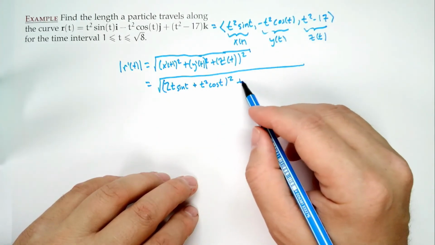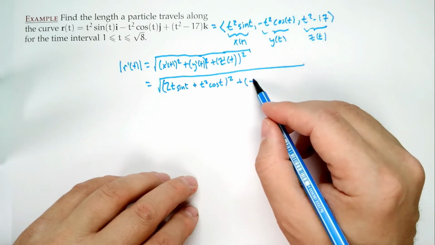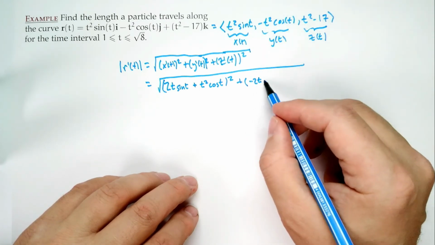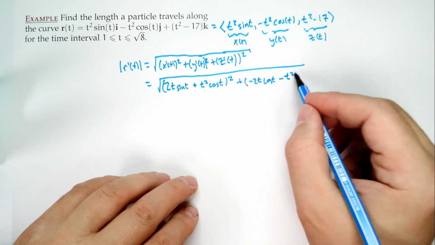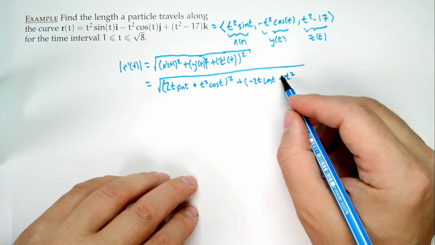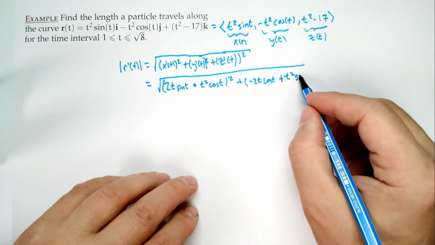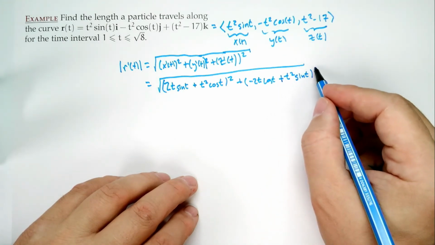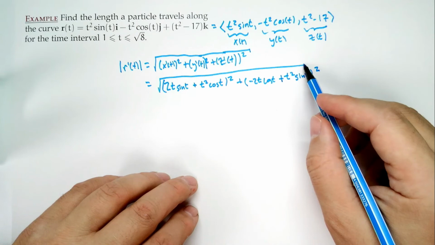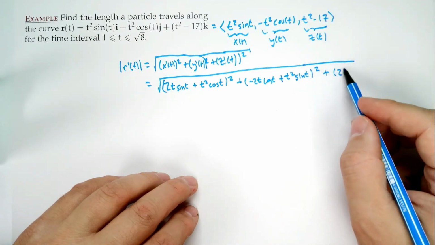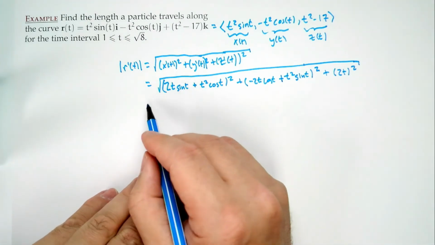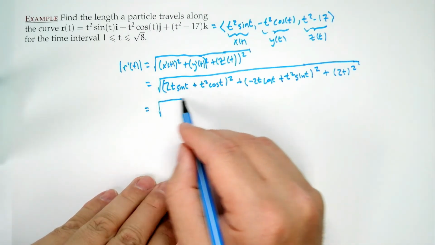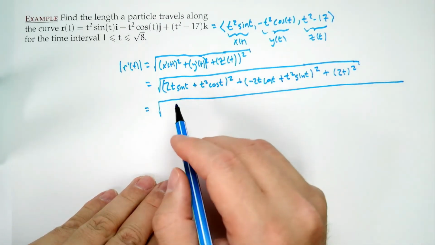All right, plus, okay, minus 2t times cosine t, and then minus t squared times the derivative of the cosine, which is minus sine, turning into a plus. There we go, sine t squared. And then plus 2t squared. All right. So that's equal to the square root of. All right, here we go.